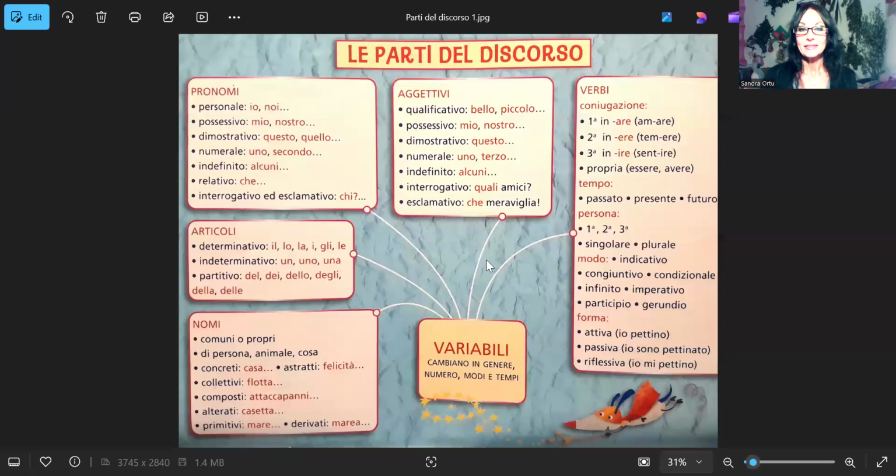So let me just share something. This is a very interesting table. It comes from a different book that I normally use. Here it is. This book is for Italian children, and it is a book that children use at the age between 9 and 10.